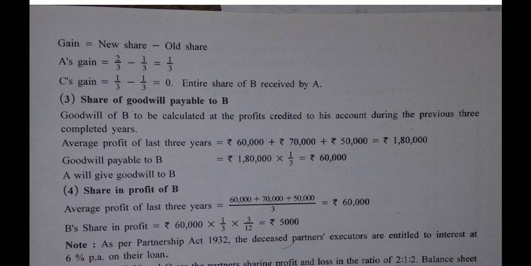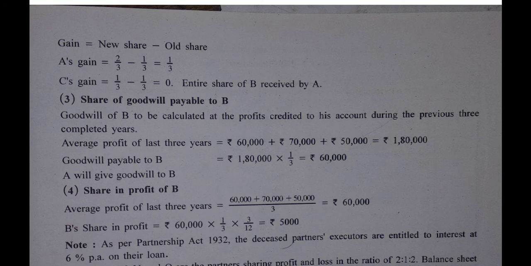And the amount of profit is to be given for 3 months only. How 3 months? I have explained in the beginning of this lecture. So firstly, the average profit of last 3 years is 60,000, which is 1,80,000 divided by 3. From 60,000, you will find out the share of B as per his profit sharing ratio, which is 1 by 3.